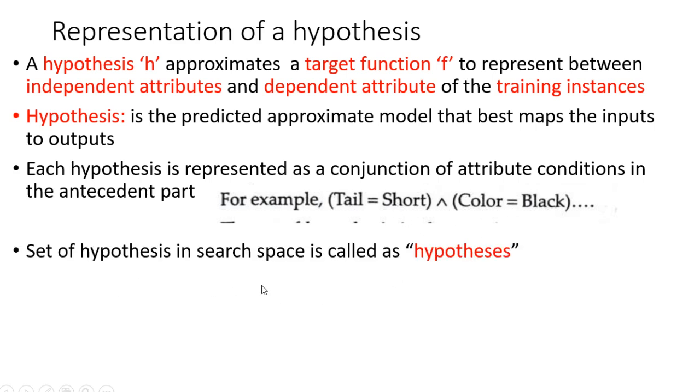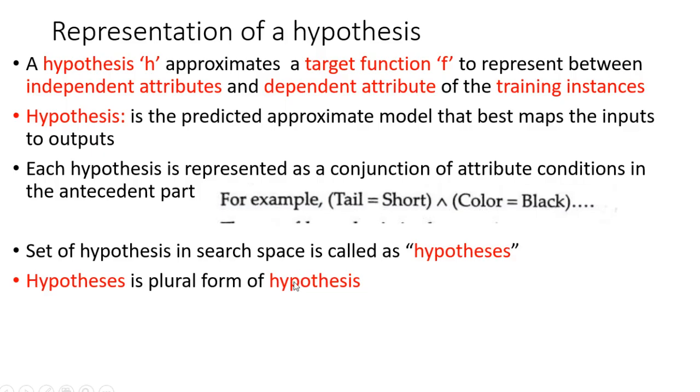Now, I will not have just one hypothesis in my hypothesis space. I will have a group of hypotheses. That group of hypotheses is called hypothesis space. You can see the difference between this term and this term. When I say hypotheses, it is the plural form of hypothesis.